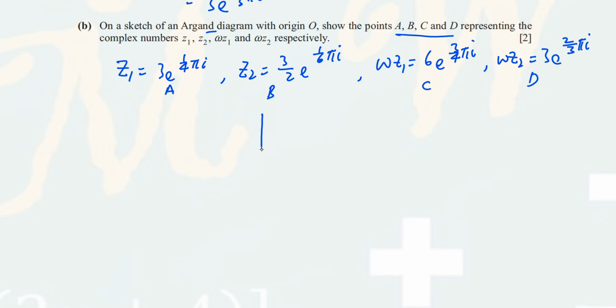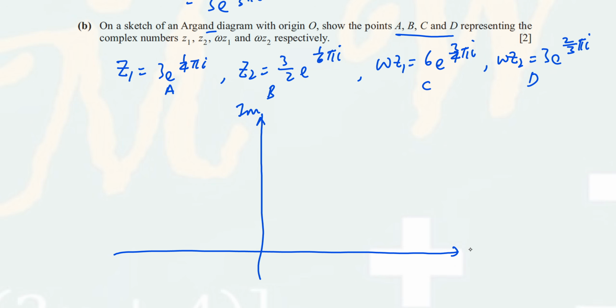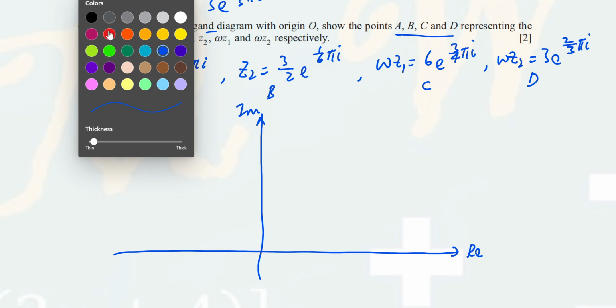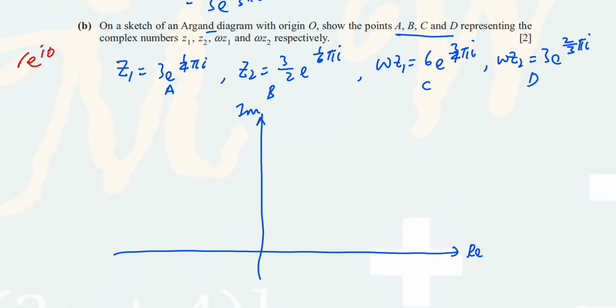Alright, so now let's sketch the Argand diagram. Imaginary axis, and the horizontal is the real axis. Now you should understand that this is the theta, because your general form is re^(i theta).